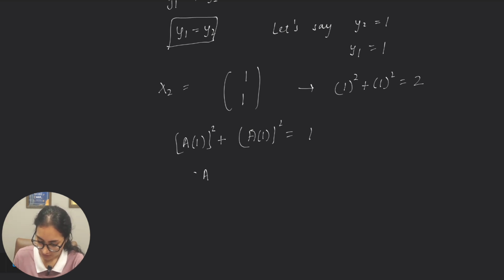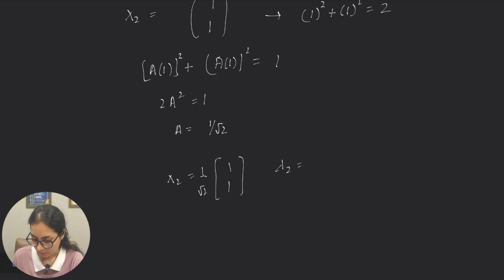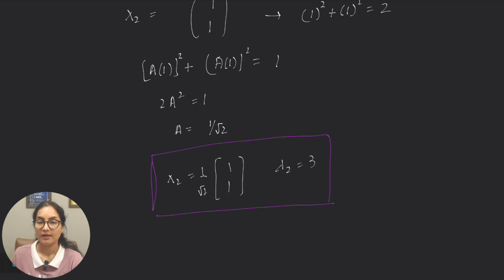Then again I'll get 2a square equals 1, and a would be 1 over root 2. So the normalized eigenvector would be 1 over root 2 times 1, 1. So for lambda 2 equals 3, this is my eigenvector. This is it for this video. I'll see you guys in the next one.